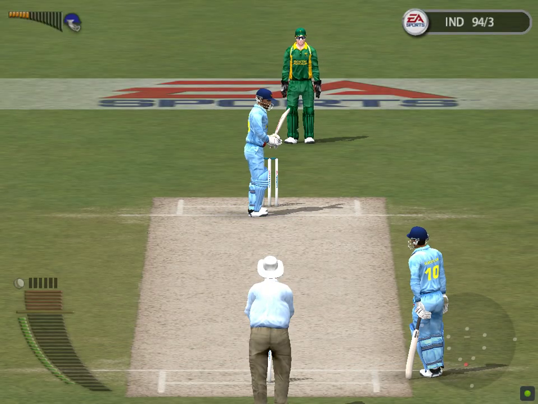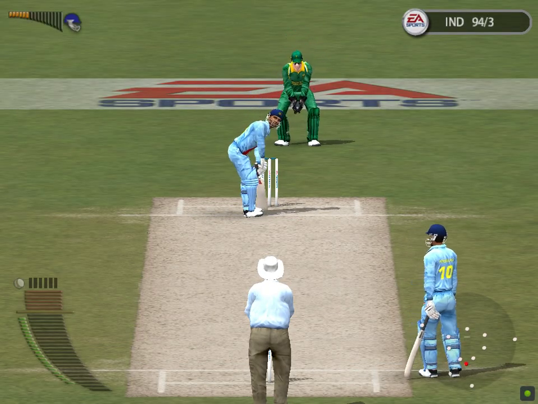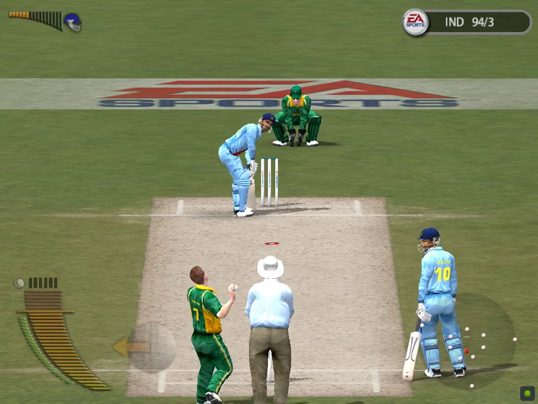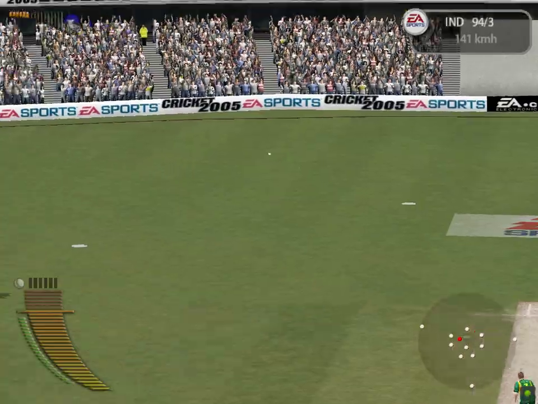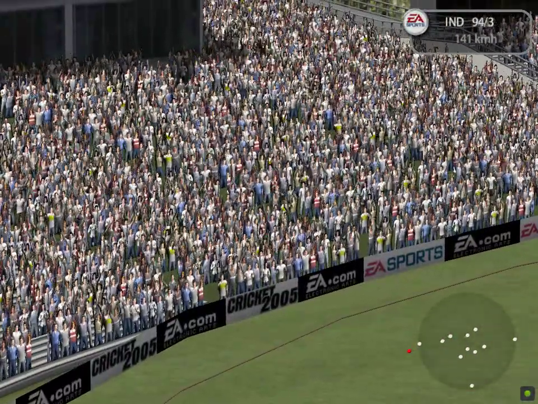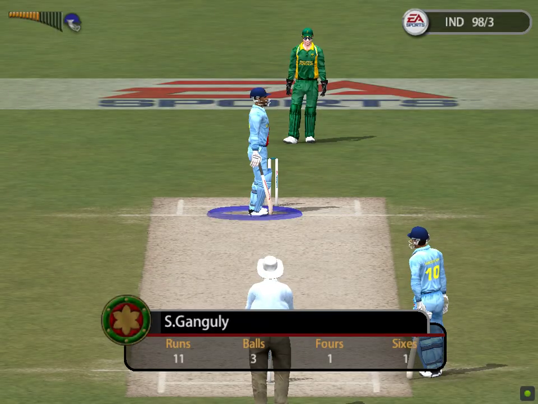Ganguly facing. All the way. Let's see the action replay of that.